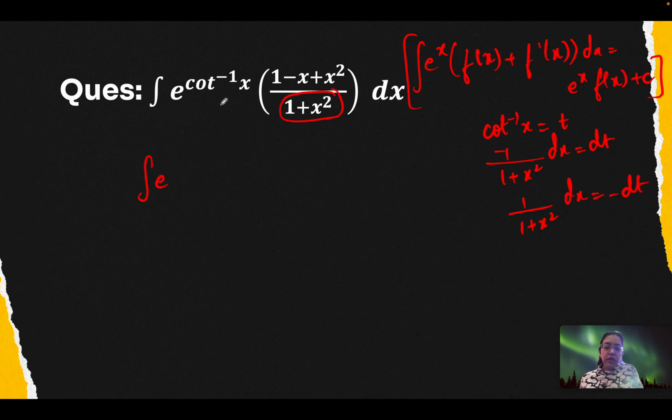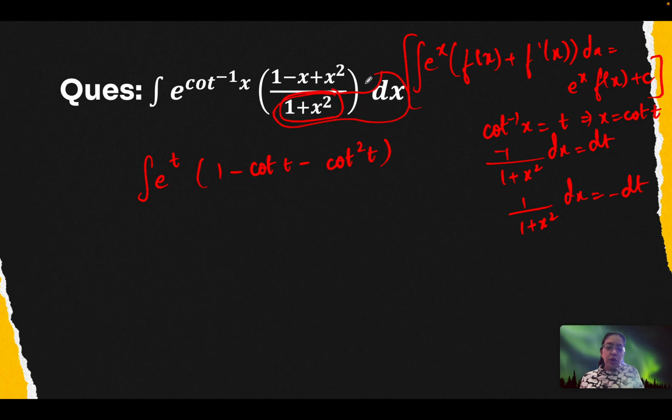So e to the power of this whole thing became t, so t, leave it as it is right now, 1 minus. Now what is this x? x can be written as cot t, so just write that, cot t minus cot square t. And now beta dt, and 1 plus x square becomes your minus dt. So now just see over here, e to the power t.